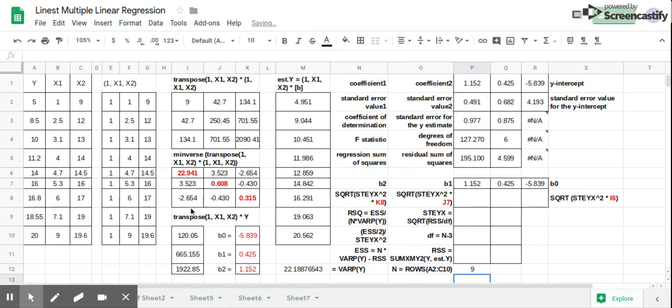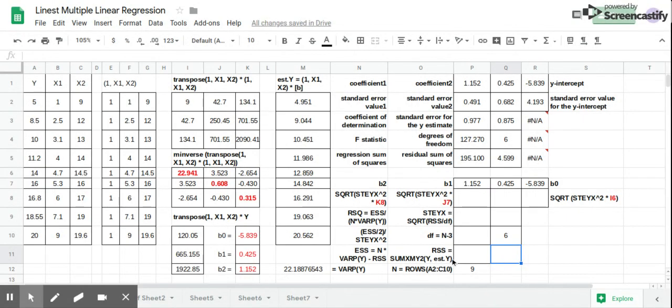We have a population of 9. Then we calculate the degrees of freedom, which is n minus 3. Used to be n minus 1, but since we have two more independent variables, it will be n minus 3.